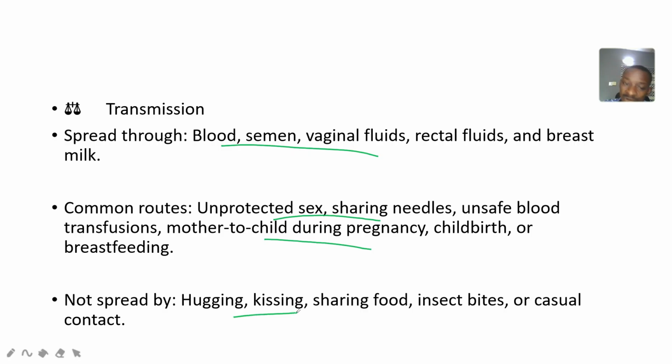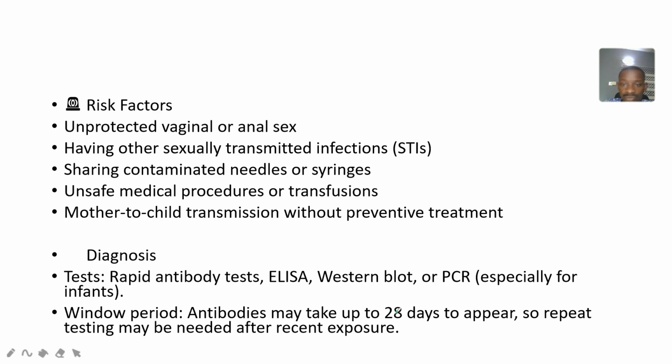It's not spread through hugging, kissing, sharing food, insect bites, or casual contact. So this should actually reduce the stigmatization, right? So what are the things that can make it easy for HIV to get to you?